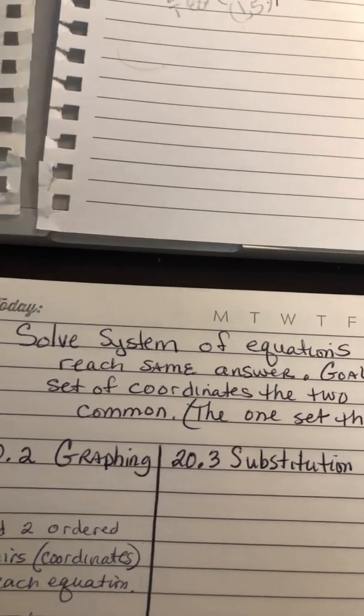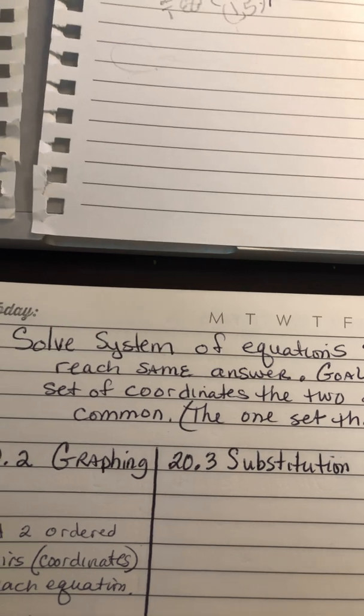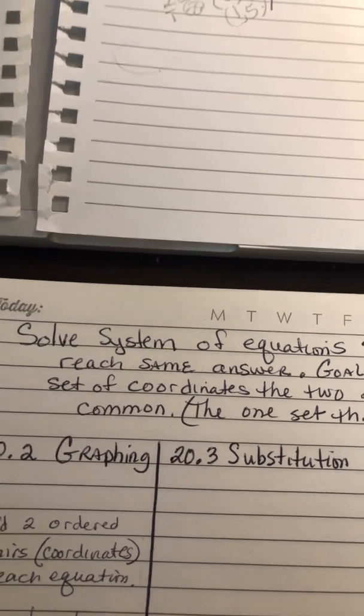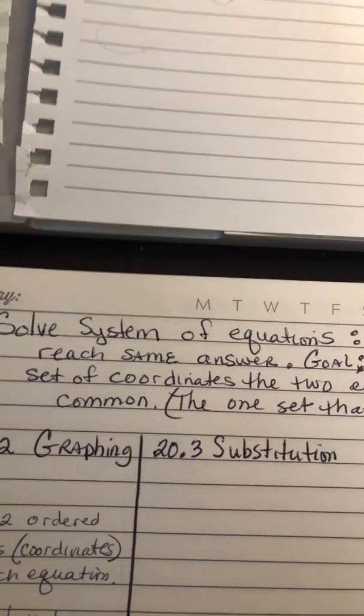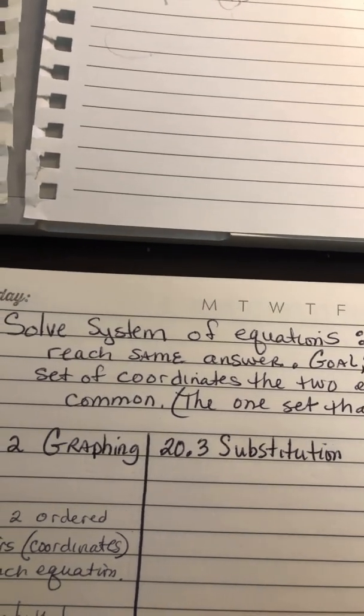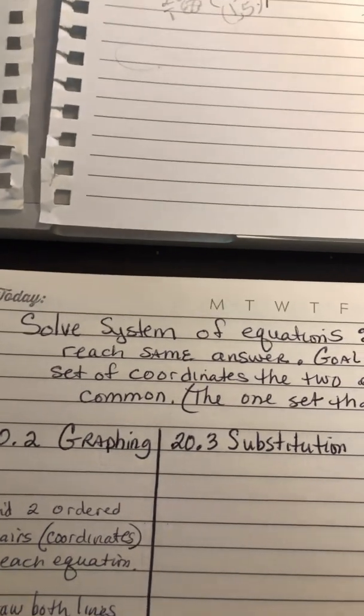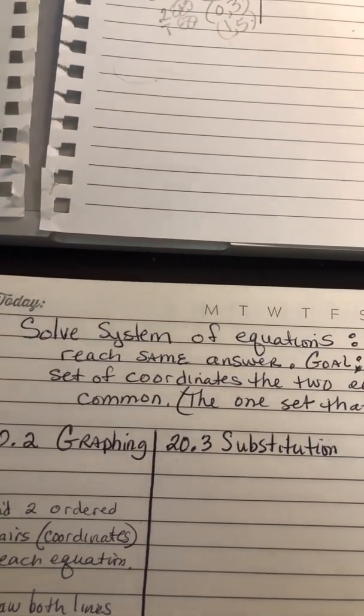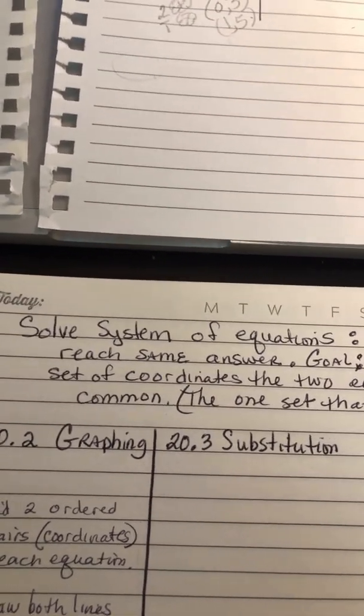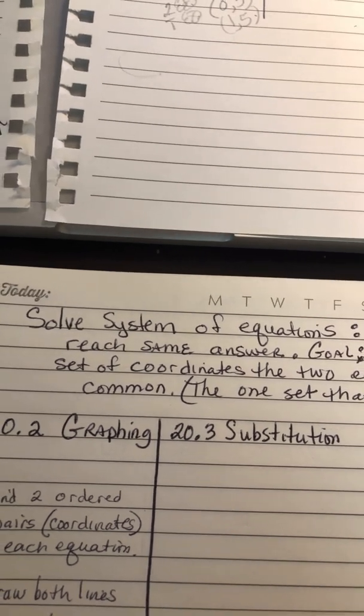Now, in higher math, you can have more than two equations, and you have to find where maybe three lines intersect or something. But for all of the things that we're going to do, we're just going to deal with two equations, basically two lines on a graph, and we're going to find what is that common point for them. Where do they intersect?